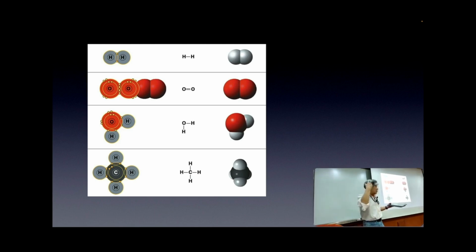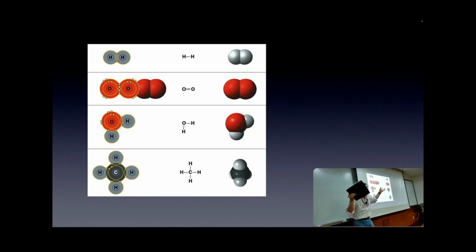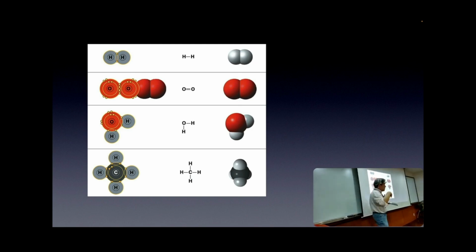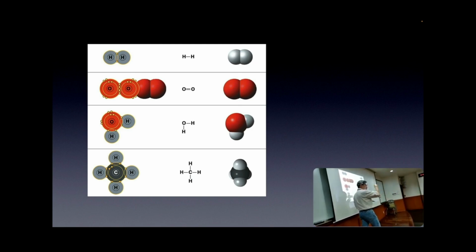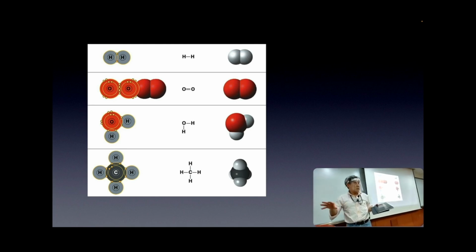So you always have to consider, for example, whether a protein in general would be polar or non-polar, or whether carbohydrates in general are going to be polar or non-polar. You don't have to memorize, but you can easily determine if a certain macromolecule is going to be polar or non-polar.